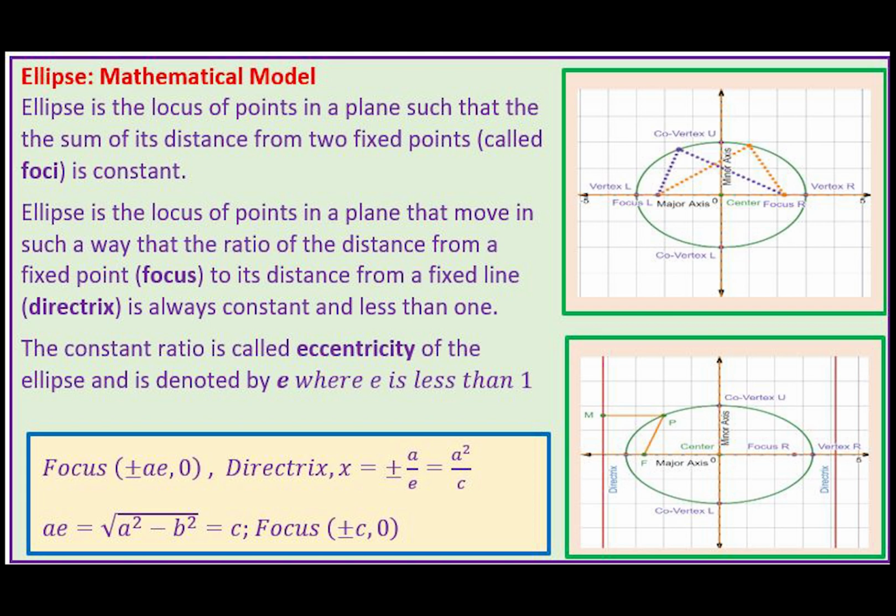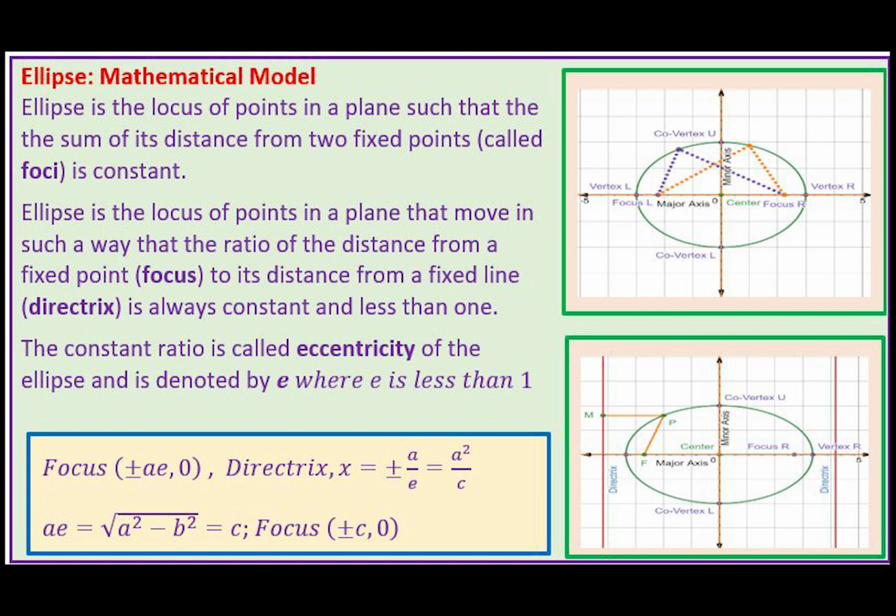The constant ratio is called eccentricity of the ellipse, and it is denoted by the letter e, where e is less than 1. Working on this definition, we get that the focal point, which will always be on the major axis, the coordinates of focal point will be plus minus ae, 0, and the equation of directrix will be plus minus a over e.